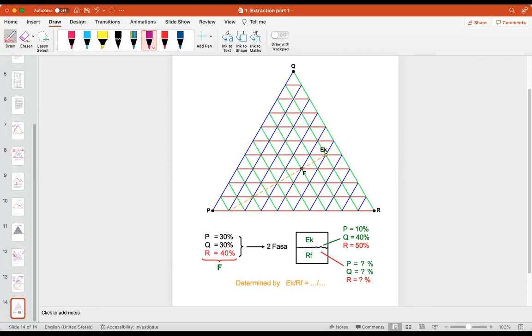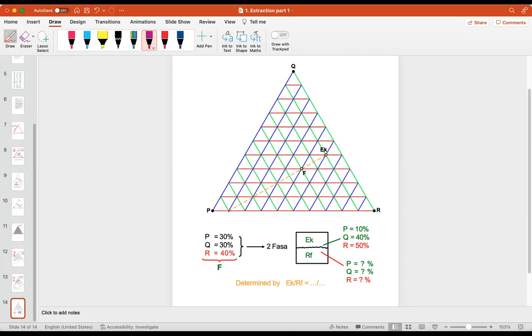The feed is, for this case, about 30% of P, 30% of Q, and also 40% of R. If we calculate the equilibrium, after we mix them, the feed will go to equilibrium and be separated into extract, EK, and also RF, or raffinate.